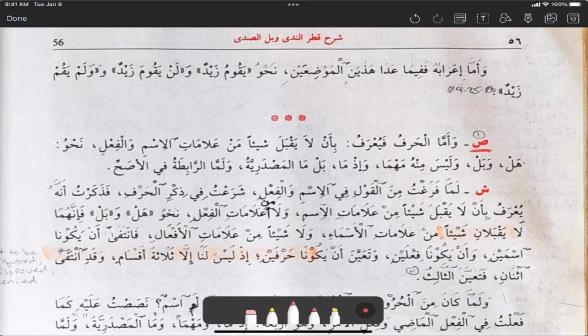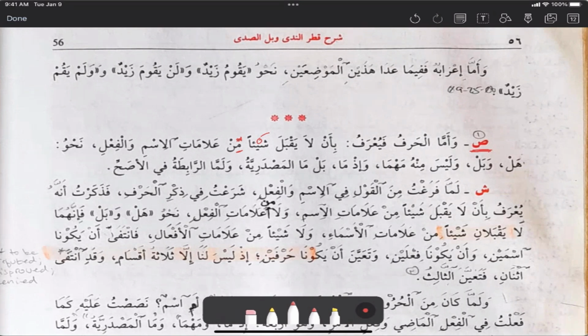He says, "وَأَمَّا الْحَرْفُ فَيُعْرَفُ بِأَلَّا يَقْبَلَ شَيْئًا مِنْ عَلَامَاتِ الْإِسْمِ وَالْفِعْلِ": as for the particle, it is identified by not accepting any of the signs of a nominal or a verb.